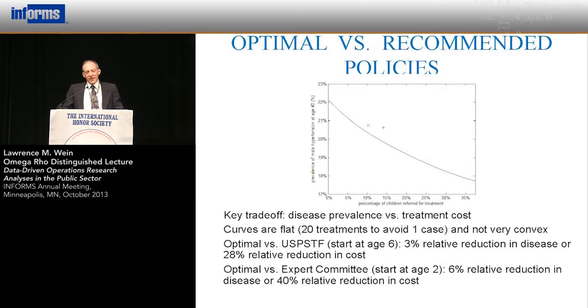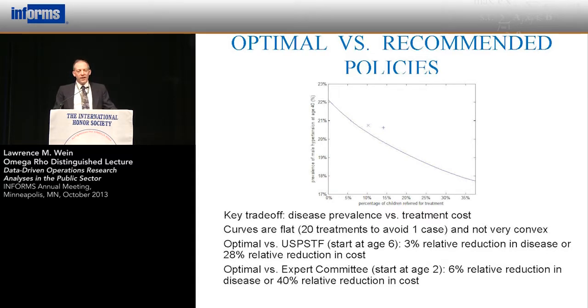And so the first thing we actually see is that this doesn't work so well. These curves are very flat. It takes 20 intensive 6-month treatment regimens of children to avoid 1 case of adult disease. And also, the curve is not very convex, so there's no obvious sweet spot that we'd want to be at.